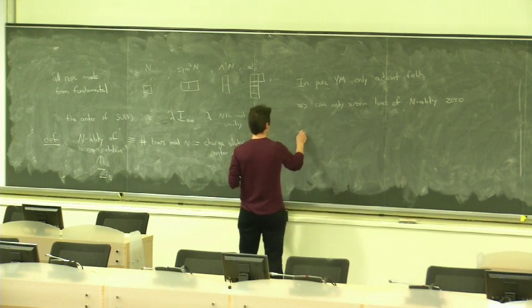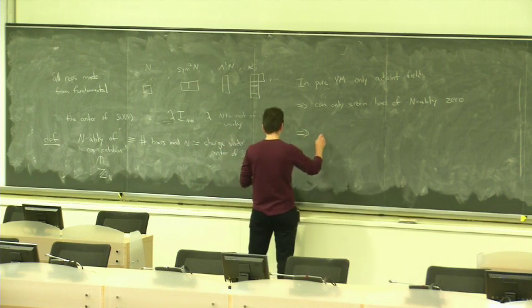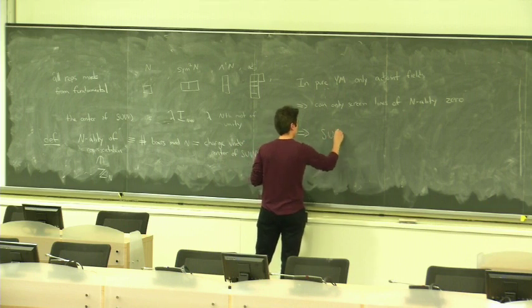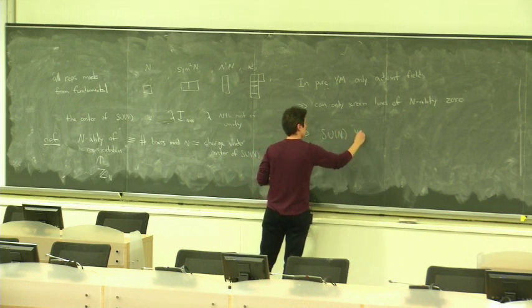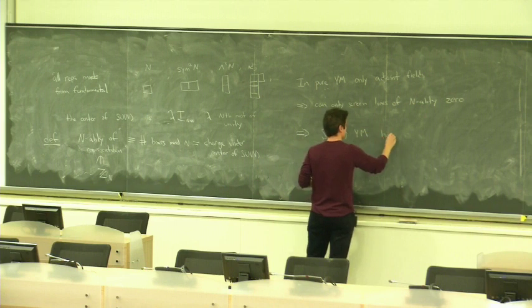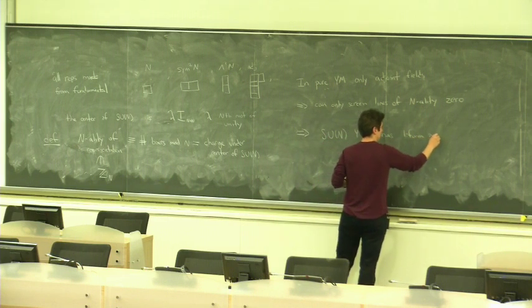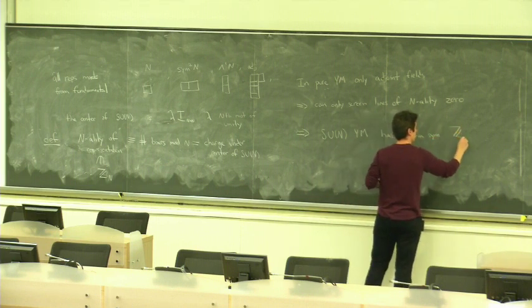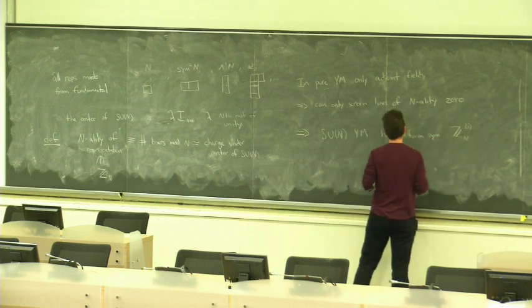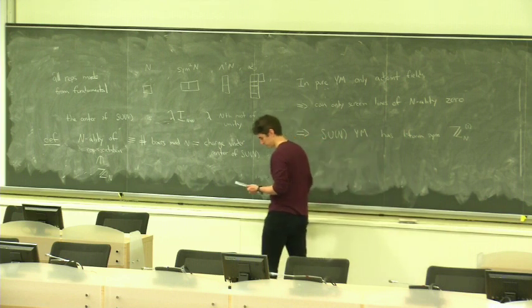So based on our previous discussion, we will conclude that SU(N) Yang-Mills has one-form symmetry. The one-form symmetry is Zn.